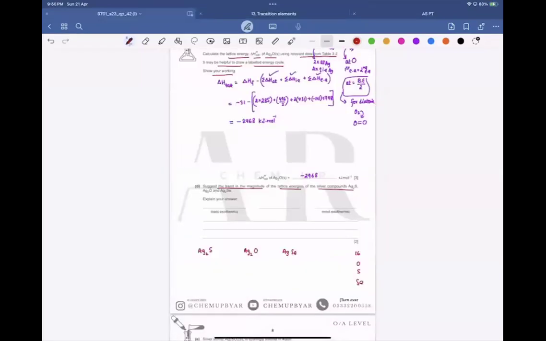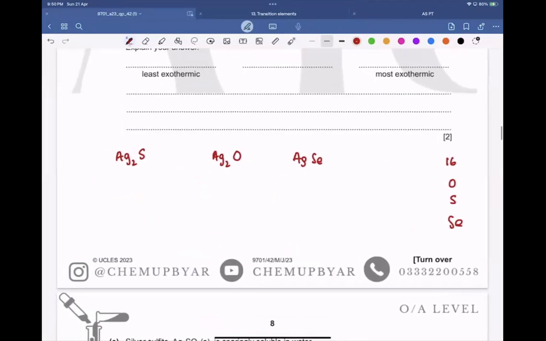So selenium is over here. All of them are group 16 compounds, so all of them have a -2 charge, right? So it means that if the oxide ion has this much size, then sulfide ion has this much size, and then selenide ion has this much size.